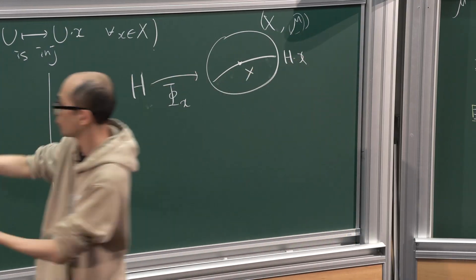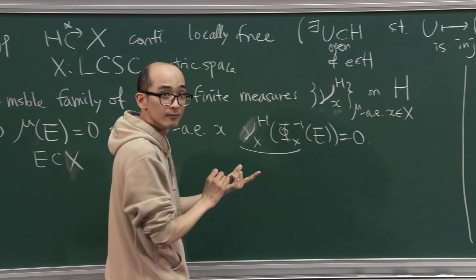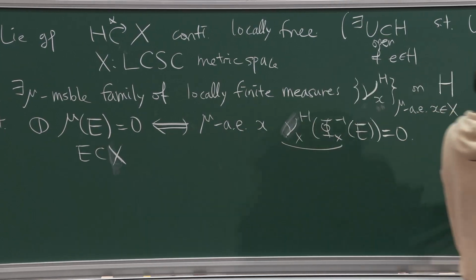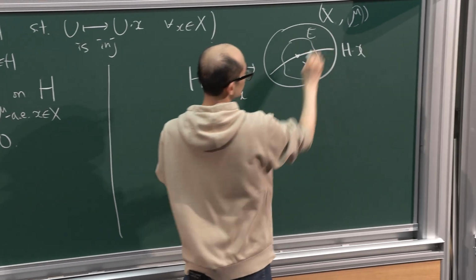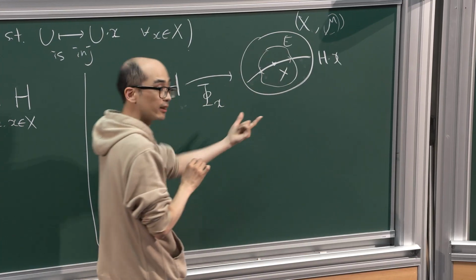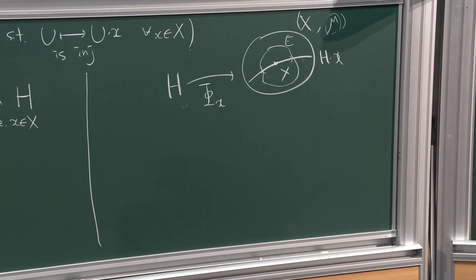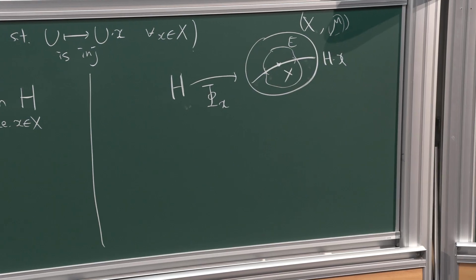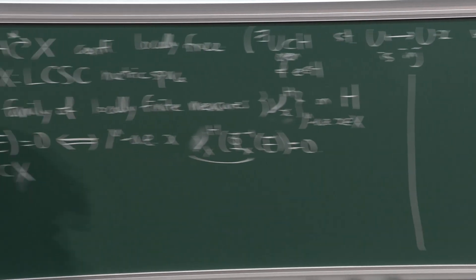So that's the reason I say something like this. I have a measure on E which is a zero measure. Then the part of this should also be a zero measure. So this is saying that a generic point should be a generic point on the leaf.